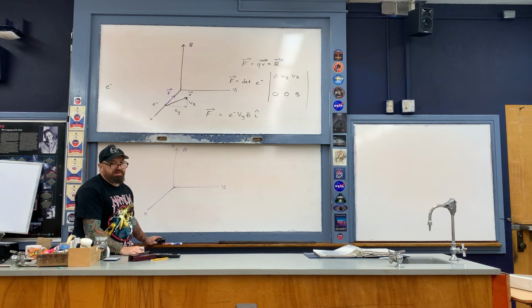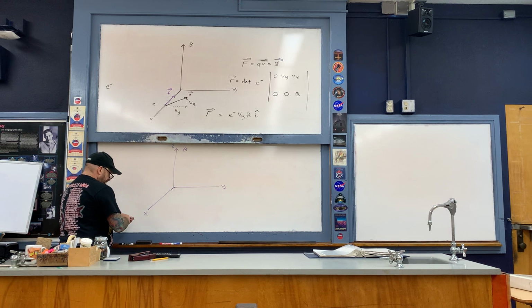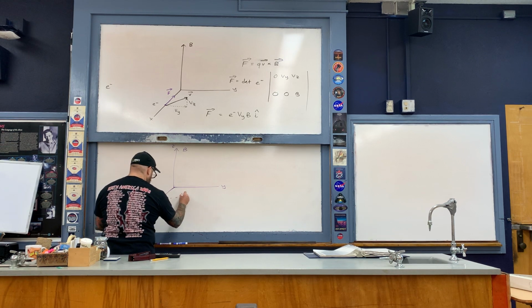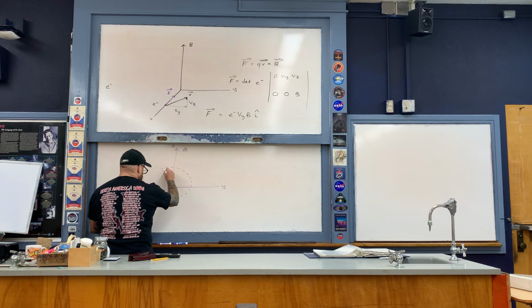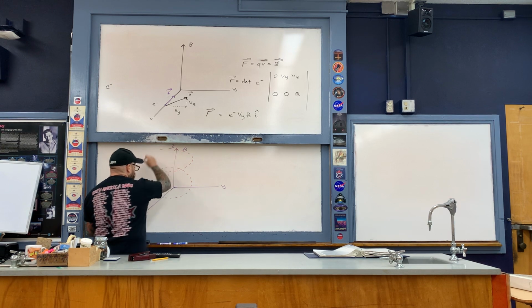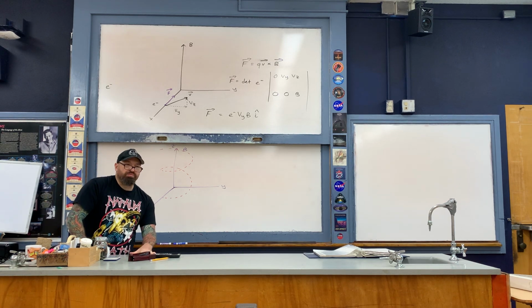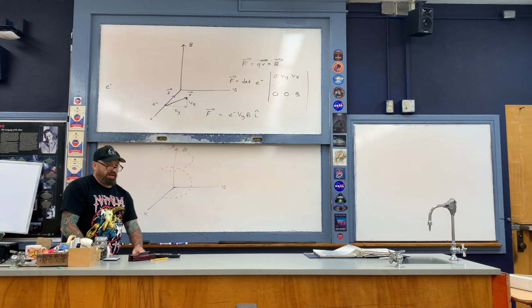Combining the two types of motion together, you end up with something that looks like this, like so, and so on. So the electron, the charged particle, spirals along the magnetic field line.